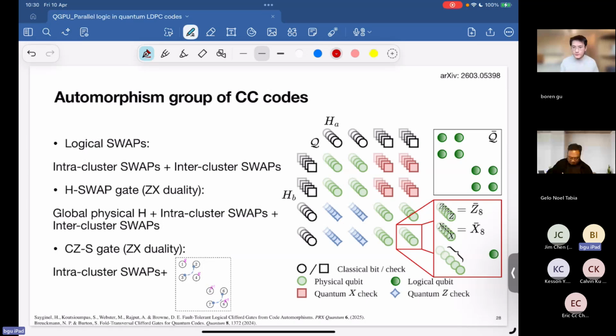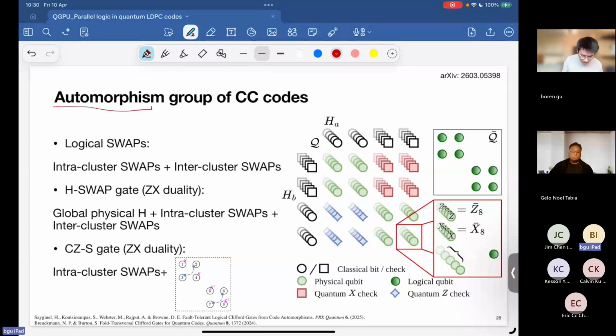Automorphism, I would like to explain in one sentence: it is some physical level operations which preserve the stabilizer group but have non-trivial actions on the logical operators. So I would just go through the automorphisms that we have and you get an intuition.